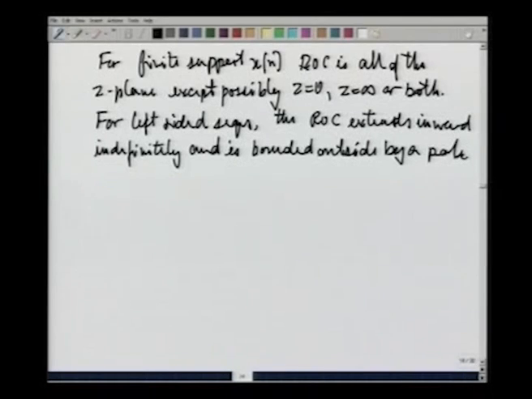We call such a configuration an inward ROC, and it happens for left sided signals.